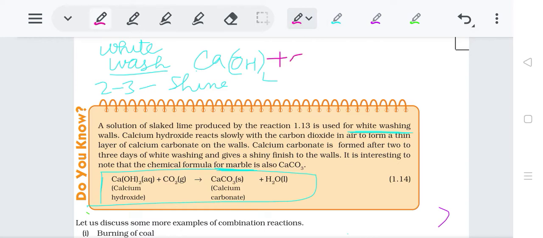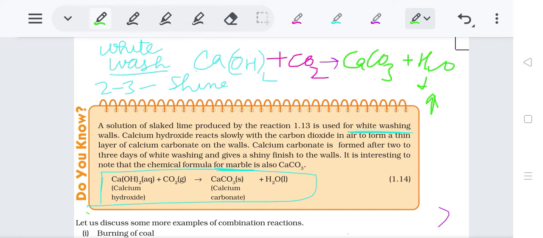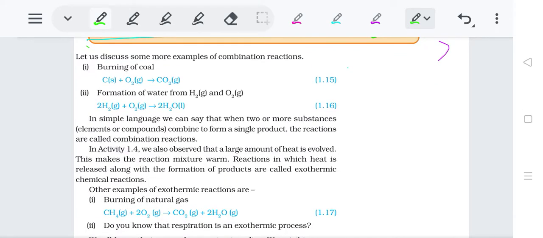It takes 2 to 3 days to react with carbon dioxide present in the air, and it forms calcium carbonate plus water. The water evaporates and you get calcium carbonate, which is nothing else but marble. This marble is shiny. Clear? This paragraph is just telling you about whitewashing and marble, which is calcium carbonate.